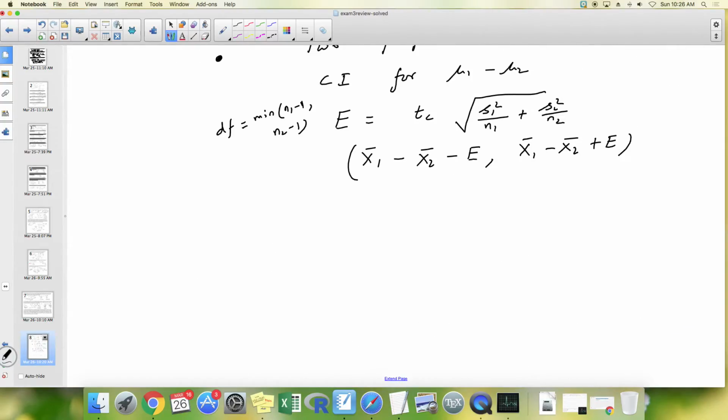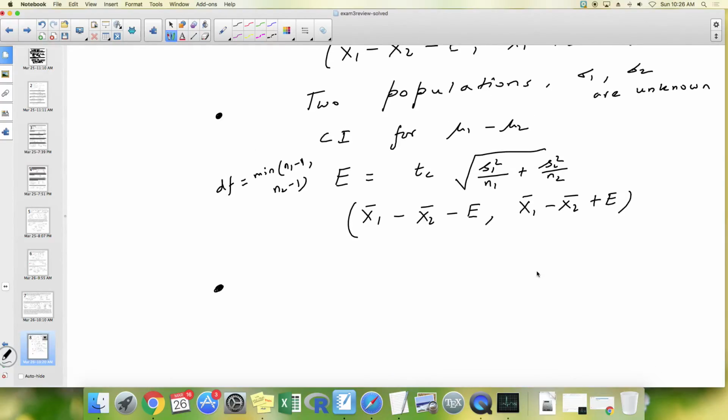And lastly, we have two populations. But now there is no sigma 1, sigma 2 and mu1, mu2. Now it's confidence interval for P1 minus P2.